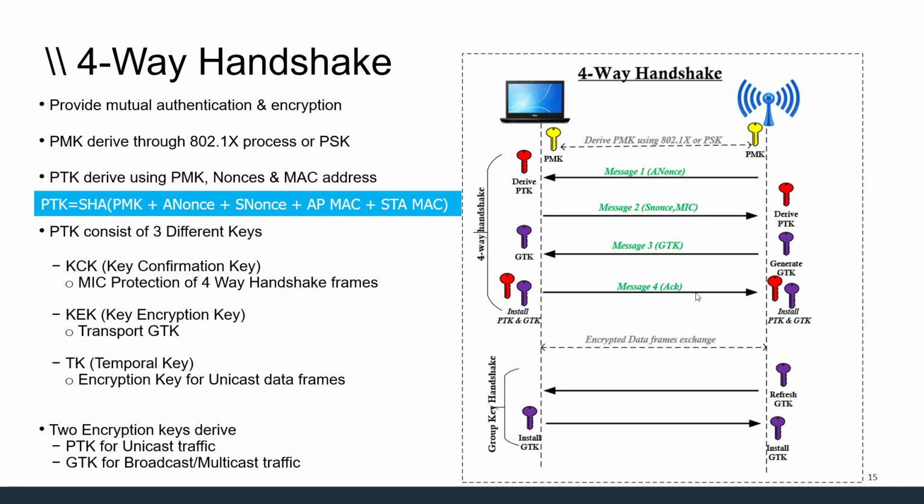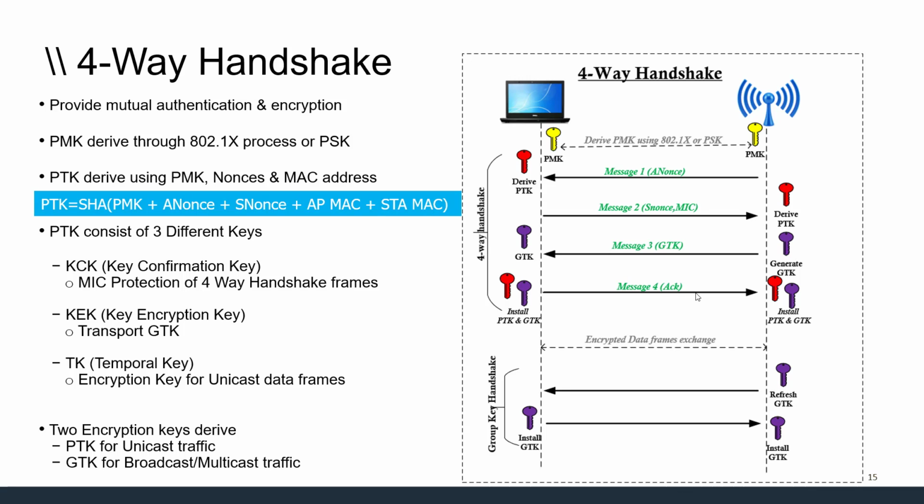The final 128 bits is called the temporal key. This is the key actually used for user data traffic encryption. So this PTK is 384 bits, 128 bits in each component. We call them KCK, KEK, and temporal key.